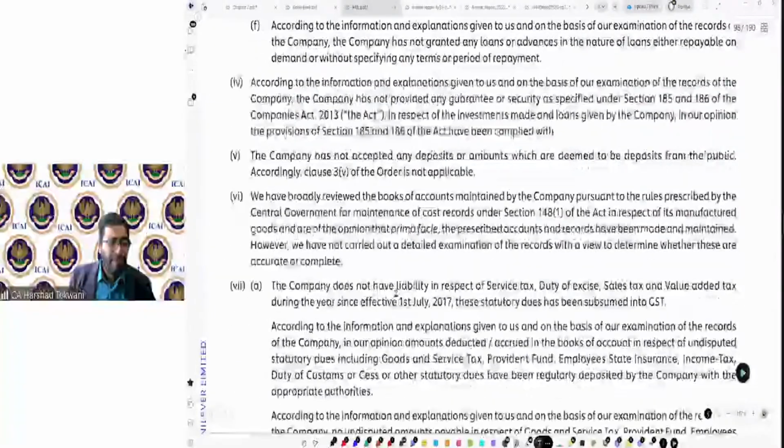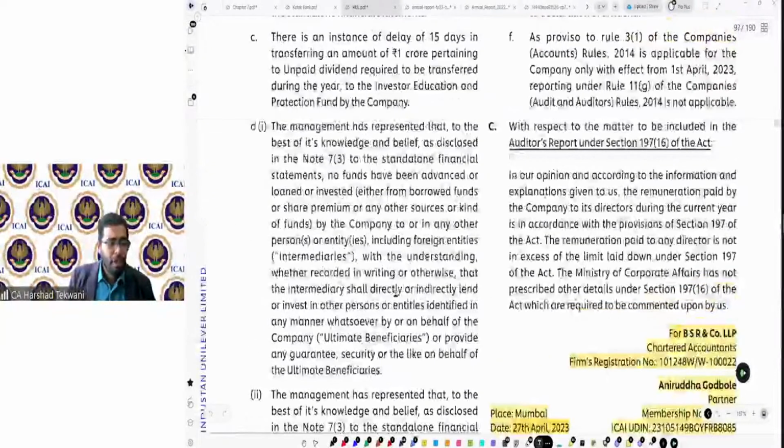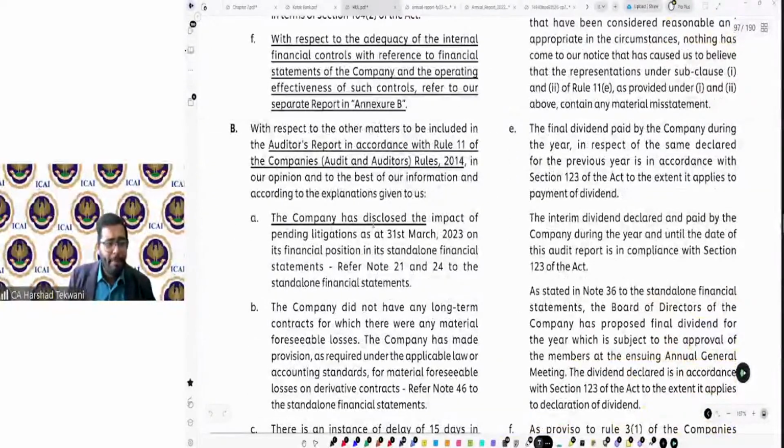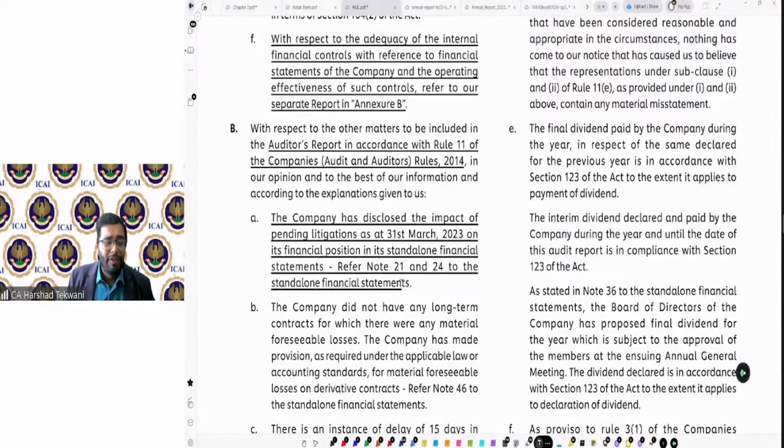How they write is, the company has disclosed the impact of pending litigations as of 31st March 23 on its financial position in the standalone financial statement, refer note 21 and 24 of the FS. So if the company has reported, then yes. If not, then again, we will refer to the disclaimer of opinion or any other paragraph where we have provided that qualification.